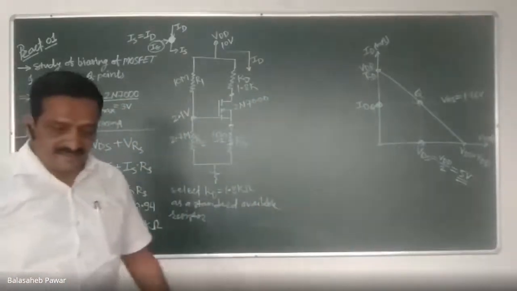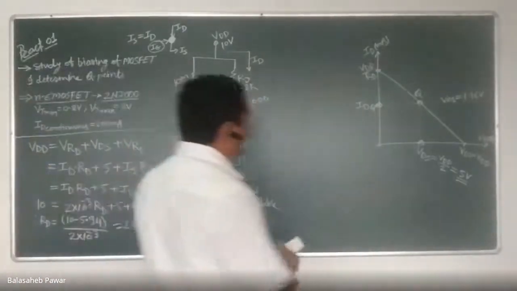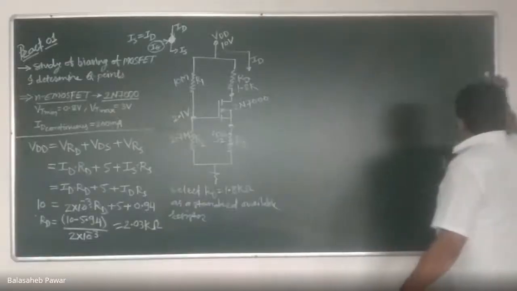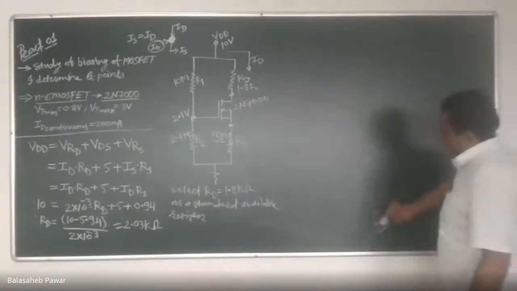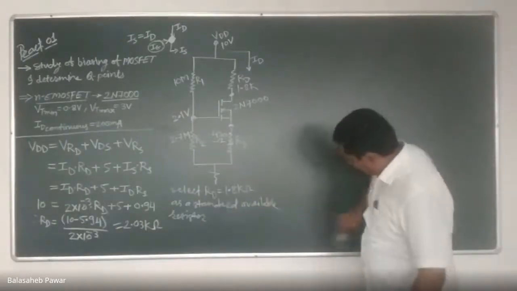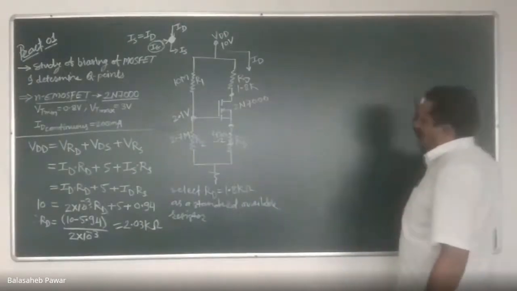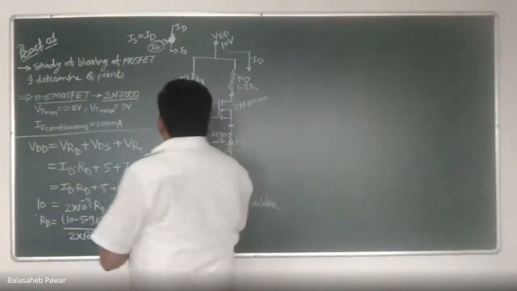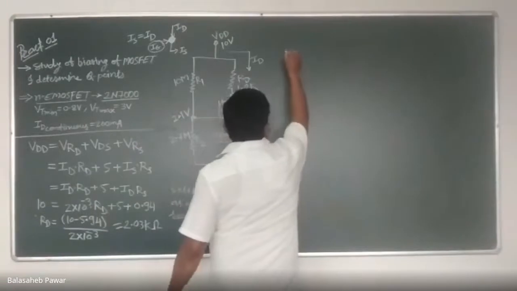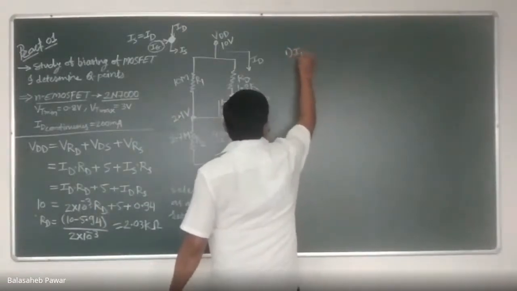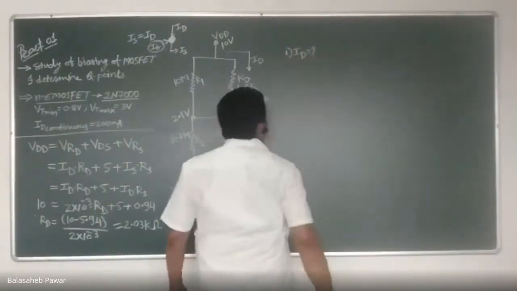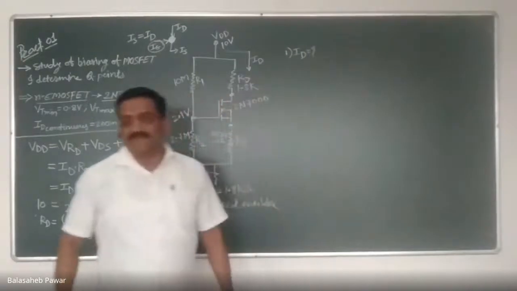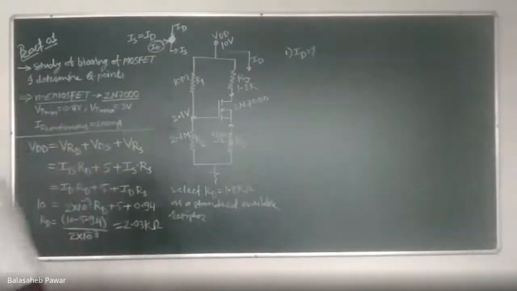Are you getting it? What we did? Yes, sir. Okay, good. Now, during this practical, you have to measure, first of all, ID, that is drain current, which should be approximately our considered one, that is 2 milliampere.